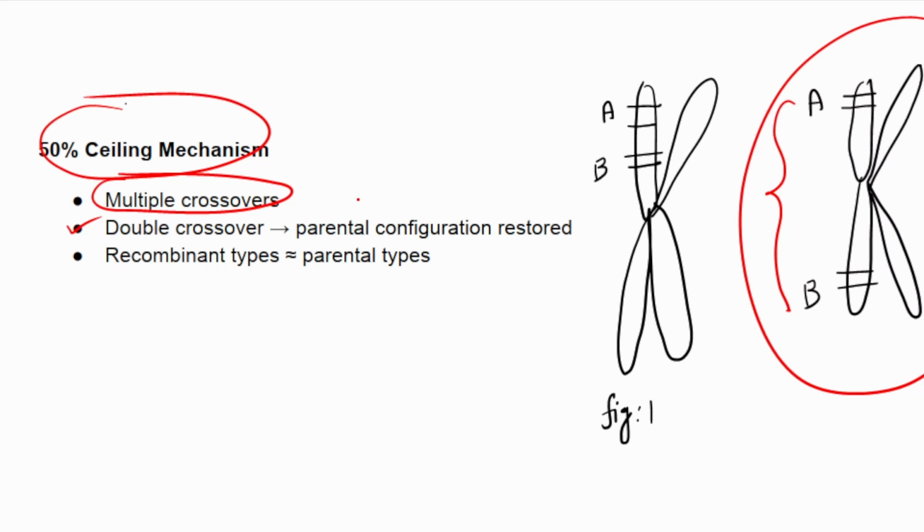As a result, recombinant types and parental types end up appearing in roughly equal numbers. This makes distant linked genes look unlinked, even though crossing over is happening frequently. So the takeaway is, multiple crossovers will hide recombination, creating a maximum observable limit of 50%.